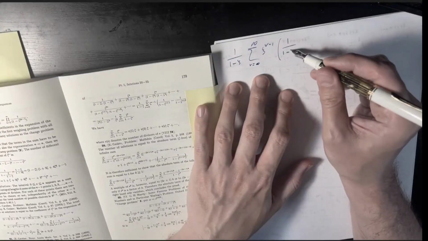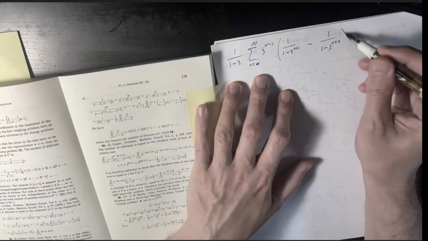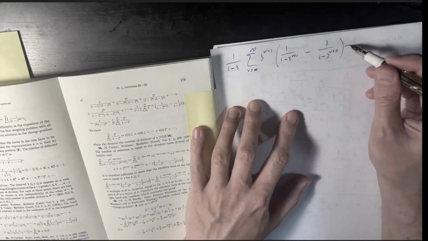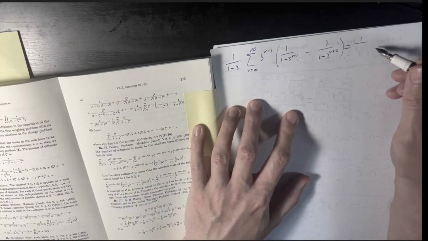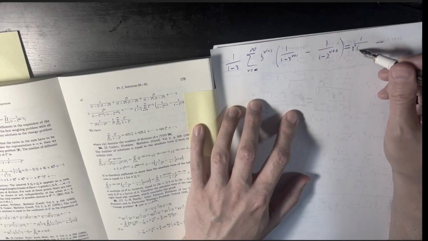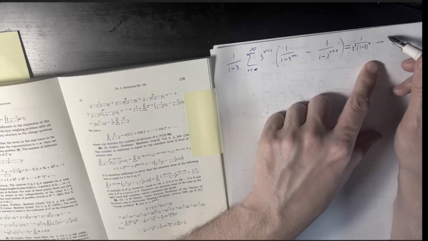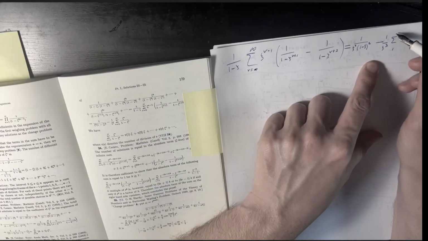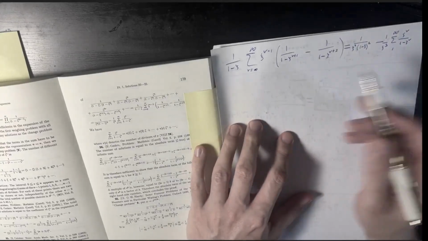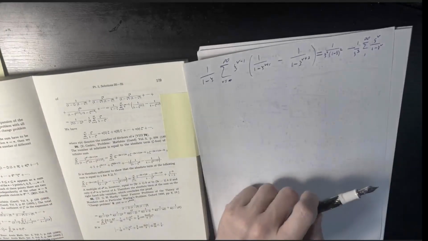I'm trying to see why this is evidently equal to zeta squared, 1 minus zeta squared, and then over here we have 1 over zeta cubed times a sum from 1 to infinity of zeta to the v over 1 minus zeta. So I'm trying to confirm that. And then I can move on once I figure that out.